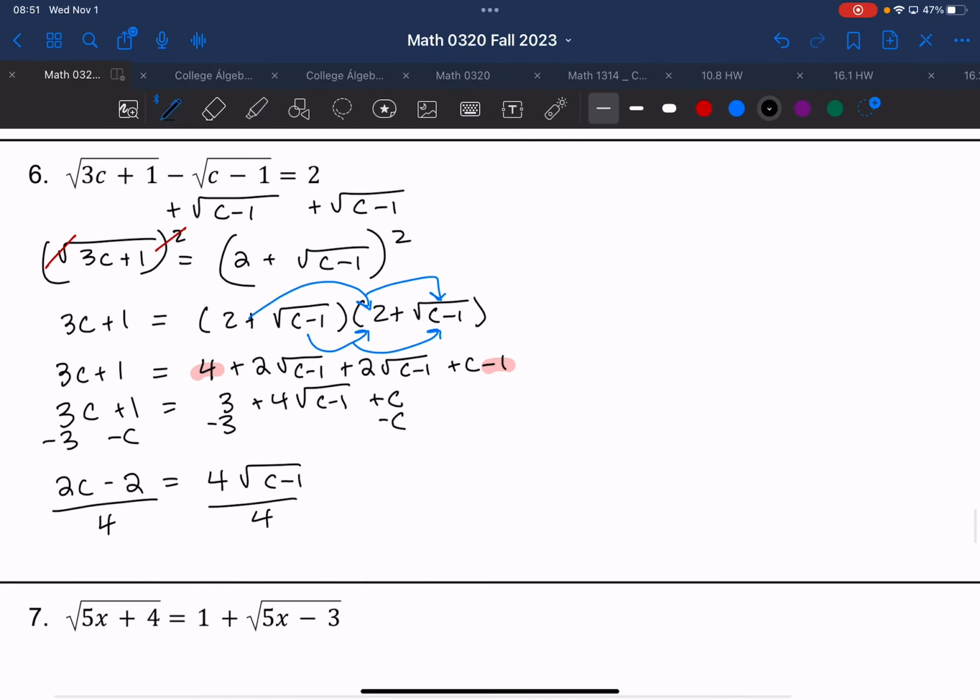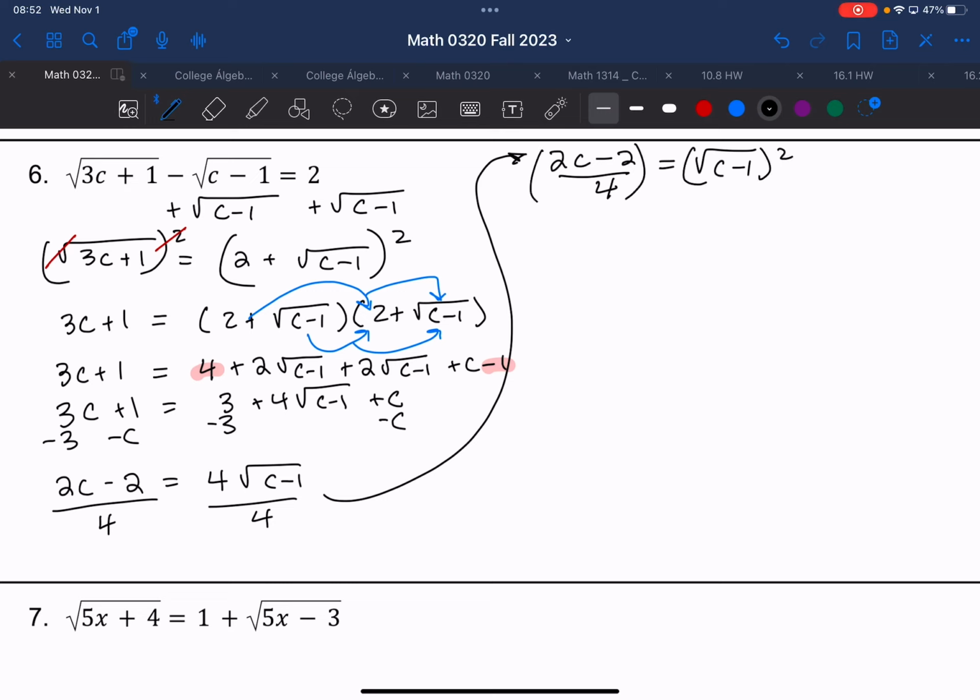Okay. So then I have 2c minus 2 divided by 4 is equal to the square root of c minus 1. Okay. From here, what am I going to do to both sides? Square it, because I got to get rid of that radical.